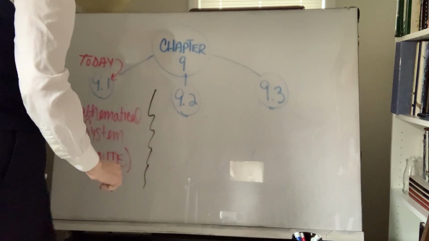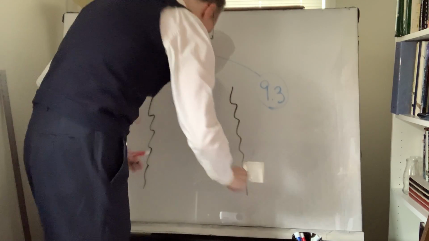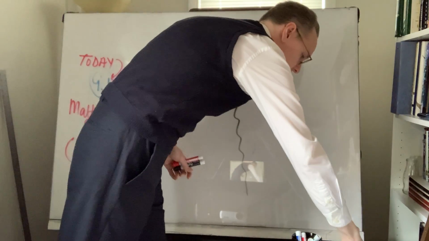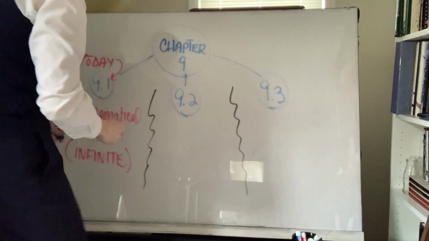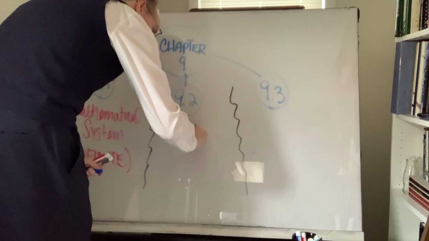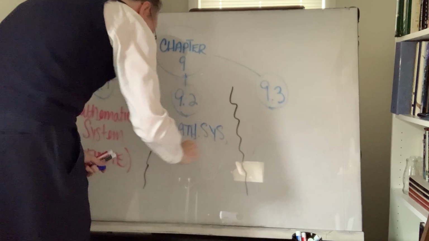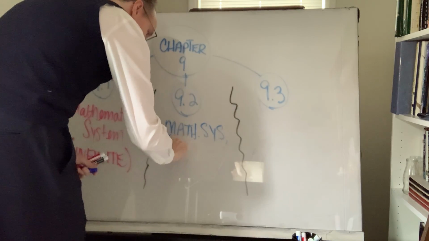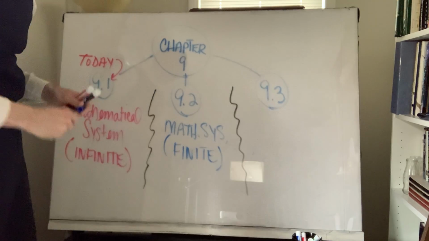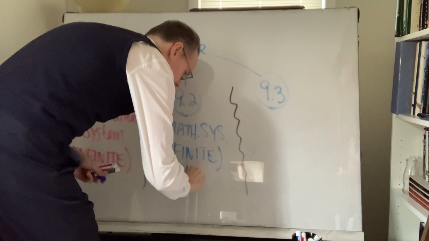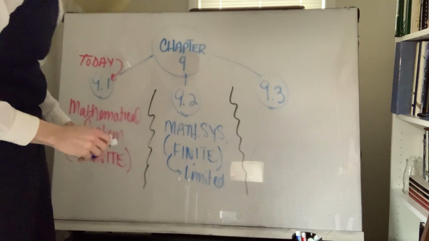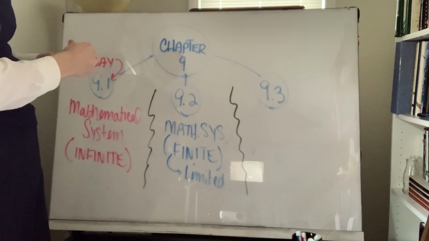The alternative: the forthcoming section 9.2 is math systems again, but there'll be the finite example. Meaning that there's a limited set.